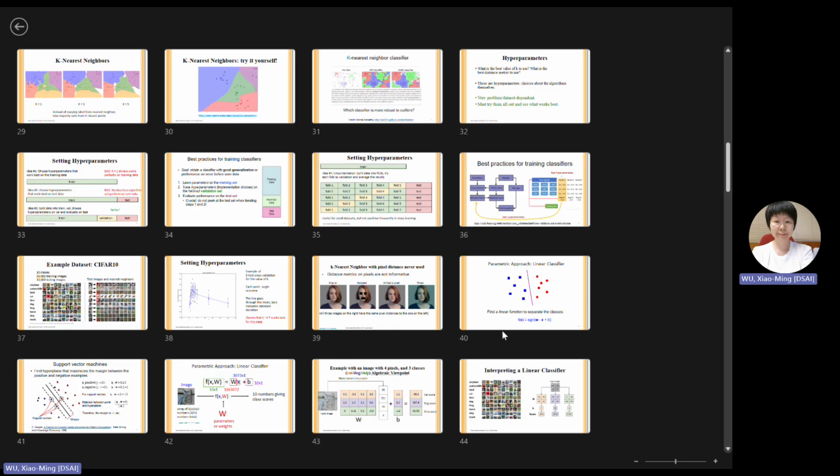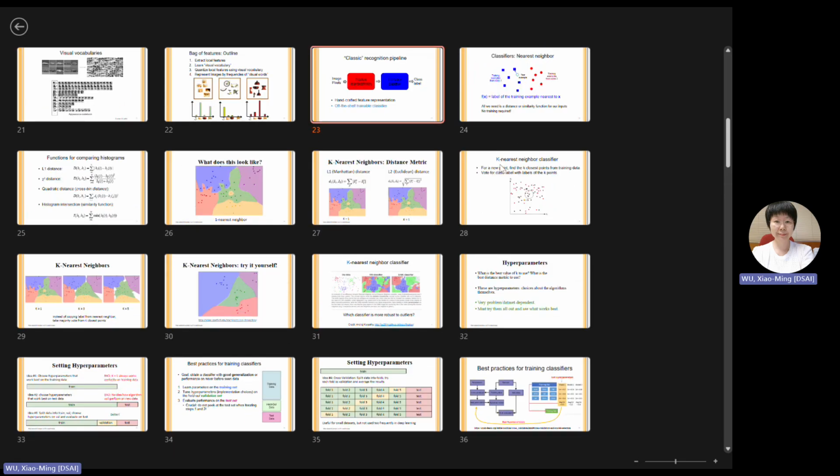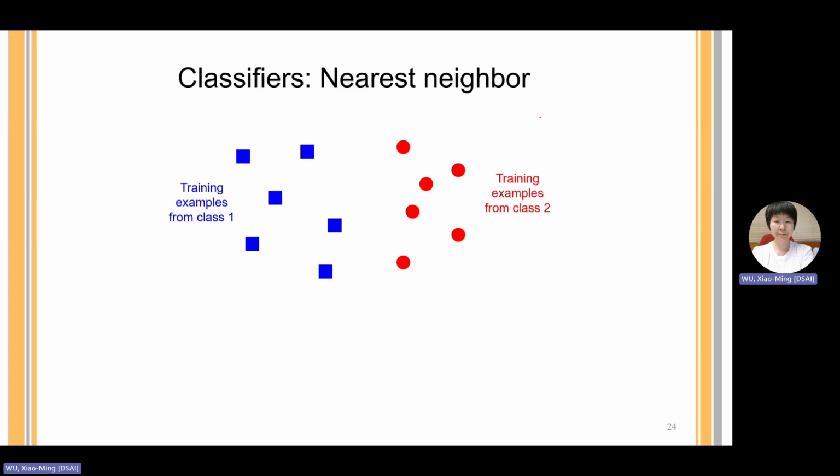Now let's start with the nearest neighbor classifier. The nearest neighbor classifier is perhaps the simplest classifier. Given a test example, indicated by the green point, and some training examples, the blue ones from class 1 and the red ones from class 2, we want to assign a label to the test example.